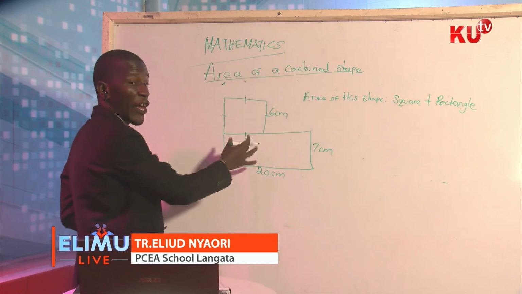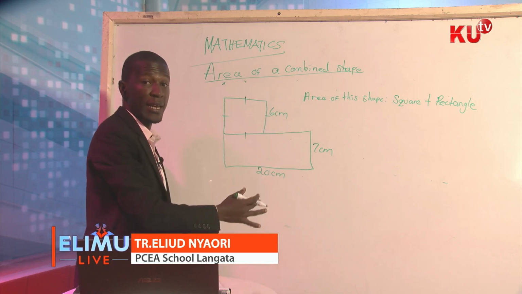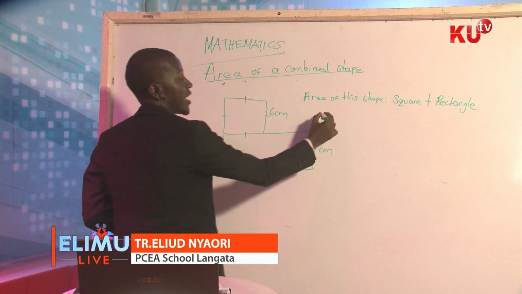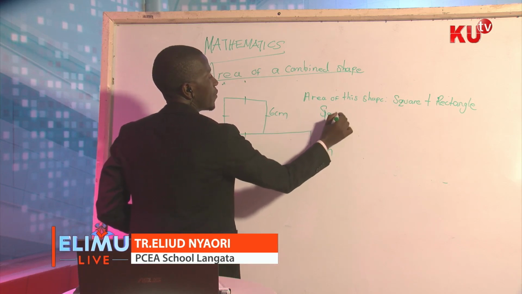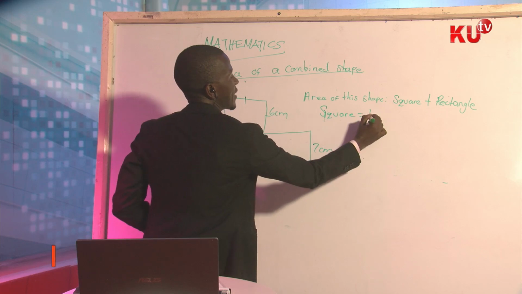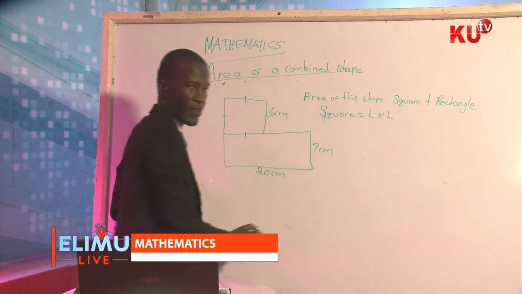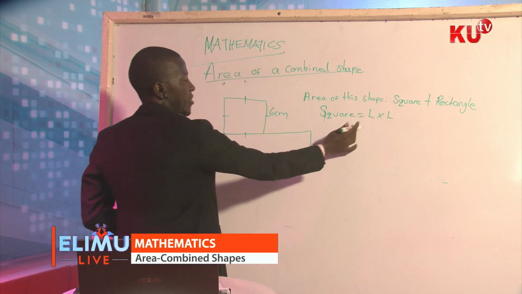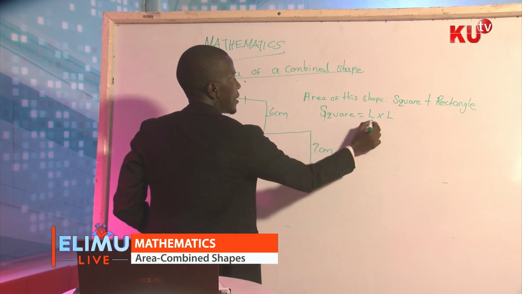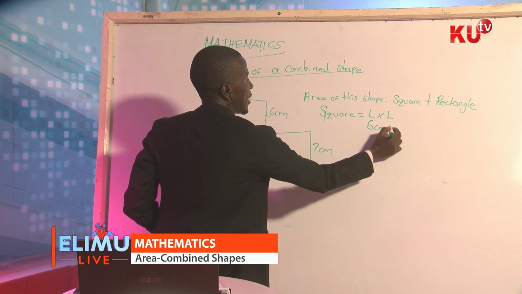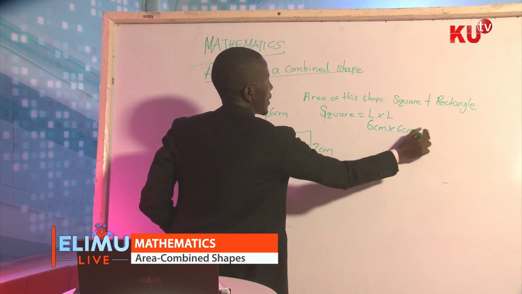So we're going to find the area of the square. We have said the formula of finding the area of the square is length. So let me write here, square. The formula is length times length. What is our length? Our length is 6 centimeters. 6 centimeters times 6 centimeters.